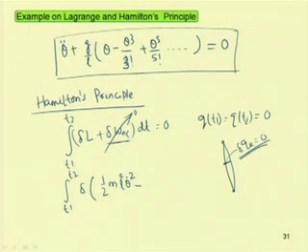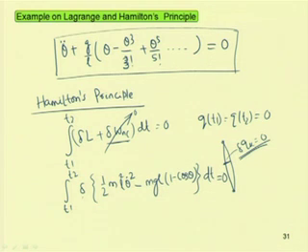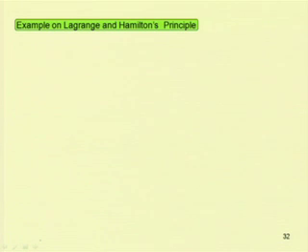So, L equals T minus u, where u equals mgL into 1 minus cos theta. So, using this δ operator into dt, this should be equal to 0.